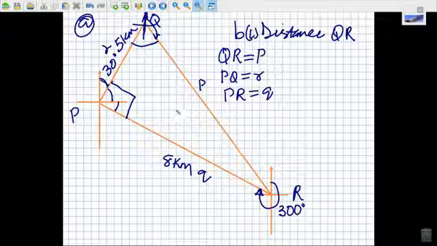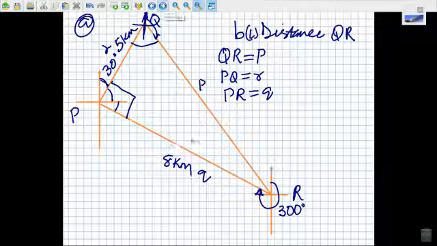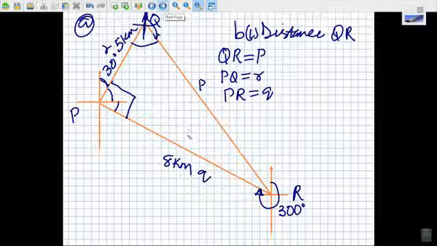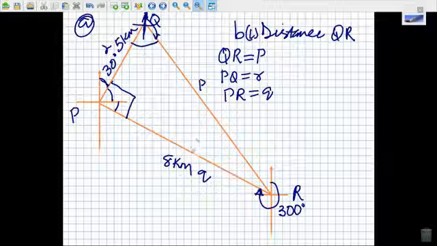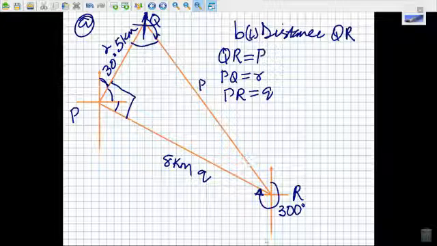Otherwise, we could have used sine or cosine rule, but because this is a right angle triangle, we are free to use trig ratio, which is very simple. Let's call this angle Q. tan Q is equal to opposite over adjacent, which is q over r.